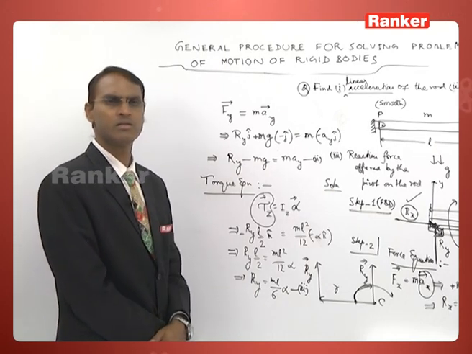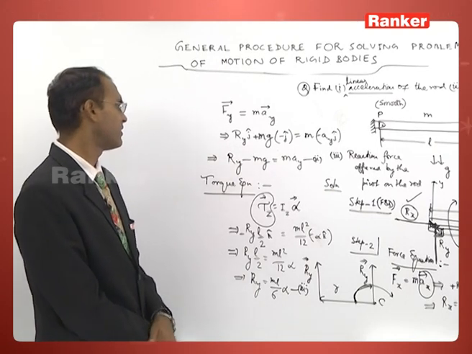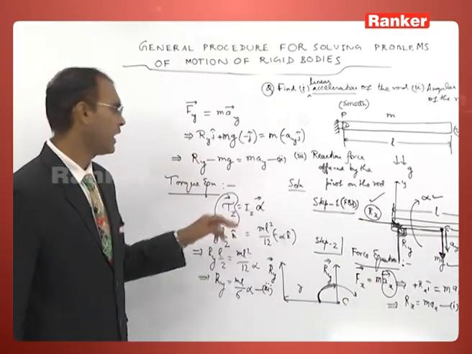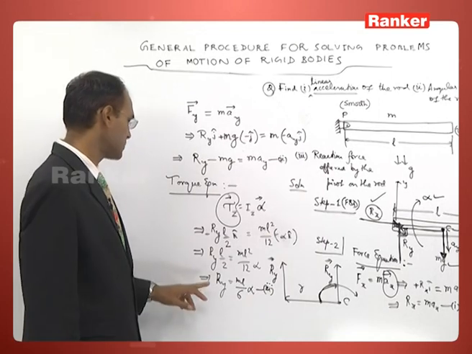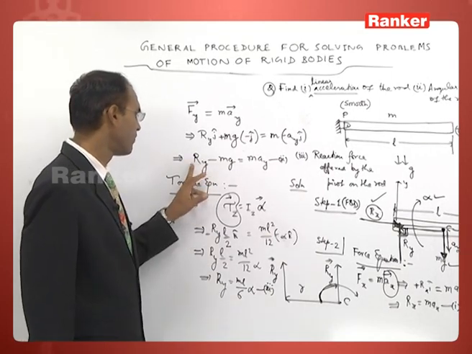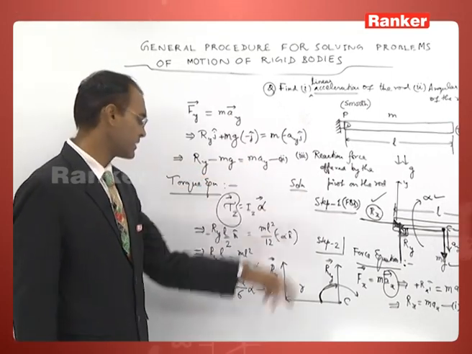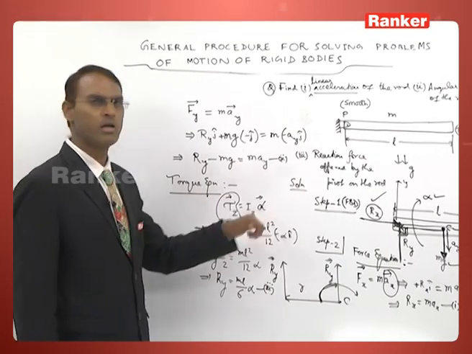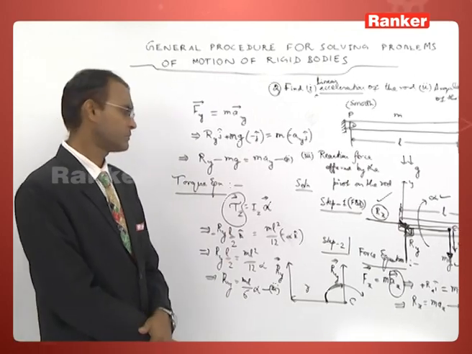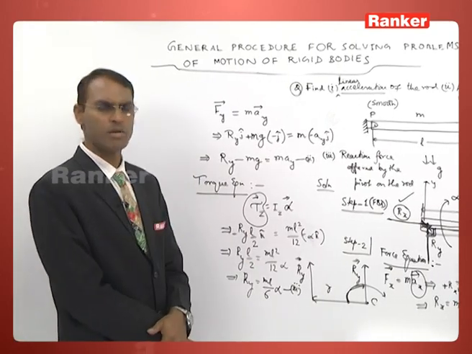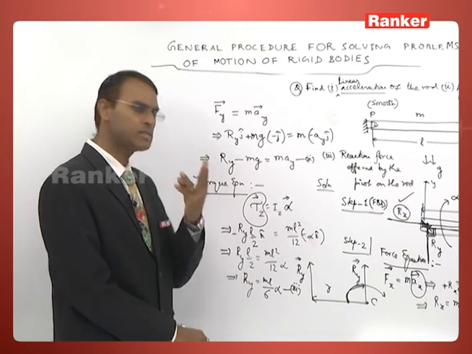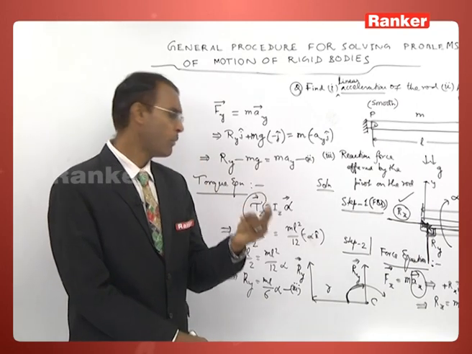Now we have to calculate how many equations we have. Equation 1, force equation along x direction. Equation 2, force equation along y direction. Equation 3, torque equation along z direction about the center of mass axis. We have 3 equations. And how many unknown quantities?